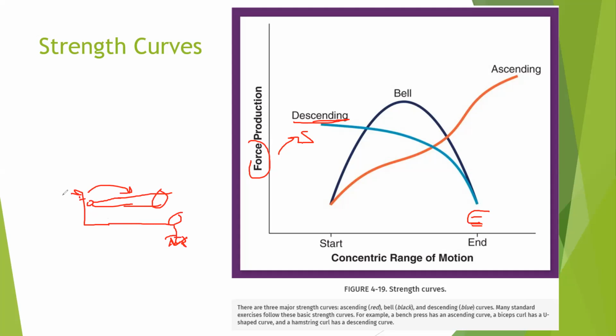So when I do this, initially, when I first lift it, I have to produce as much force as I can. It takes the most amount of effort to get me going. And then when I reach the end, it's really easy.